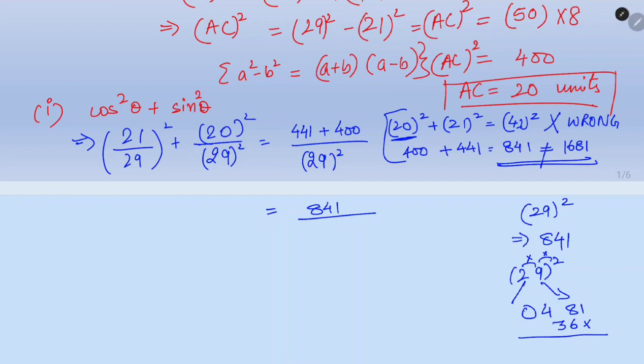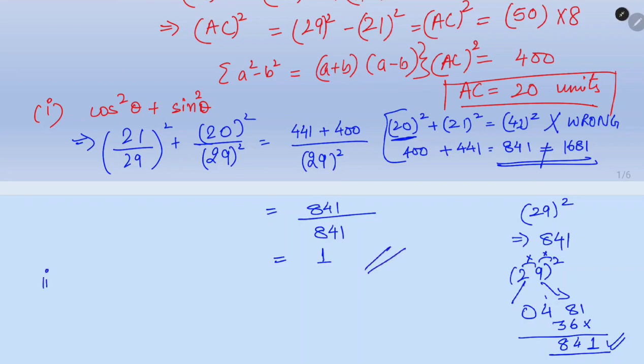So 1, 8 and 6 is 14, carry 1. 4, 3, 7 and 8, 4, 1. This way you can find the square of other numbers as well. 841 is the square of 29. So 841 over 841 will give you 1. This will cancel off. So this is the answer for the first part.